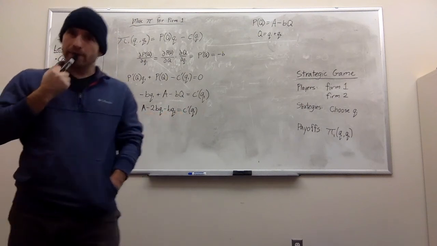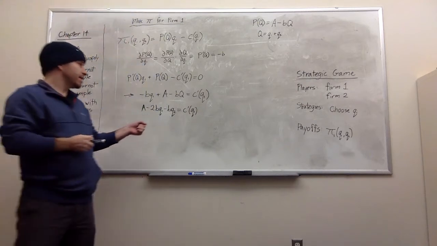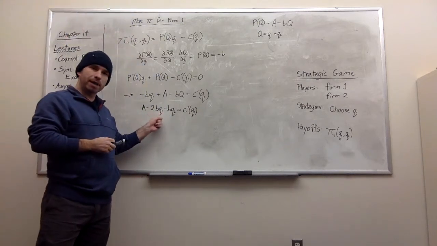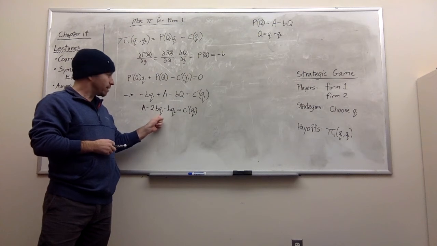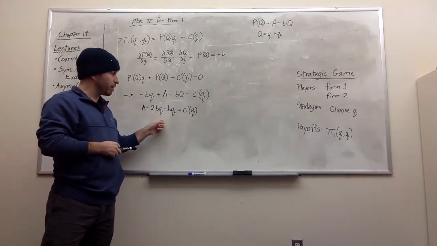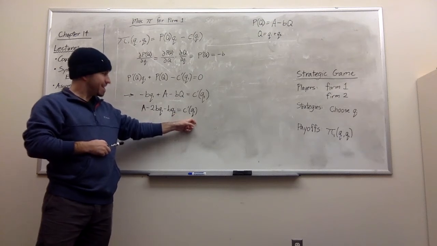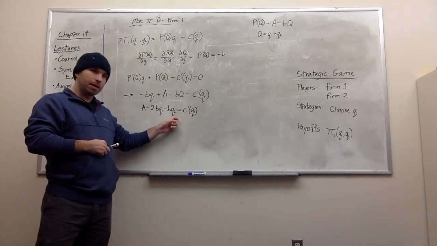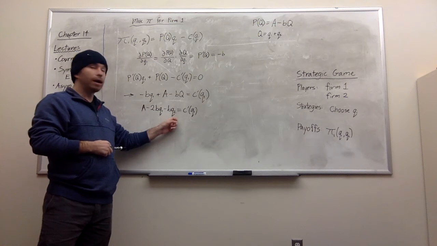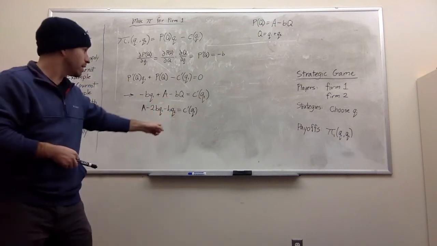And recall, for our Nash equilibrium, what we want is each player to be maximizing their profits with the strategy of choice of their own, which is the Q1 that firm 1 is choosing here, given the choice made by their opponents, all of their opponents. In this case, there's only one opponent.